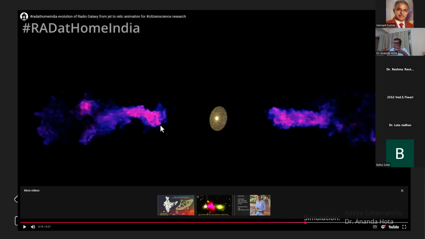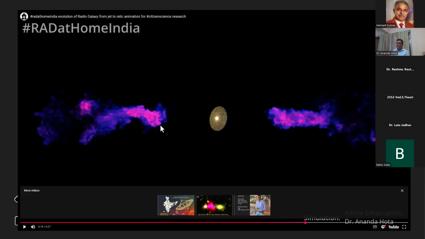So the outflow that comes out affects the galaxy as well. The bigger galaxies, which are elliptical galaxies, have not been forming new stars for several billions of years. Whereas our Milky Way, a spiral galaxy, continues to form new stars always. For example, one new star forms every year in our Milky Way galaxy, and one supernova explosion happens every 10 years.